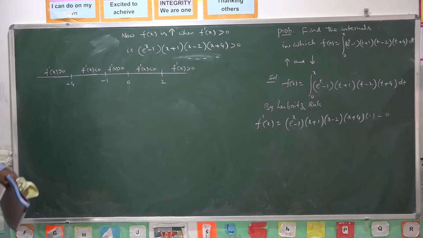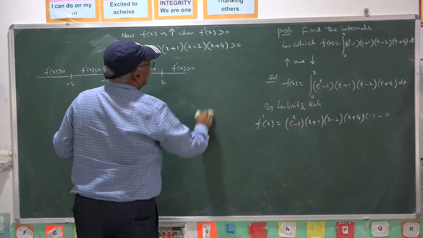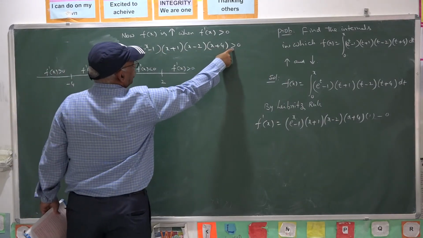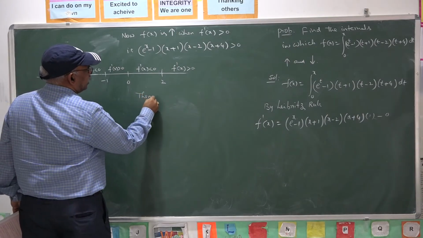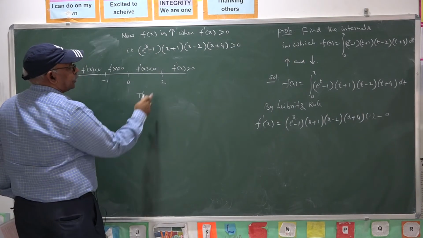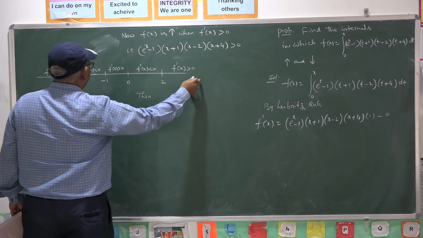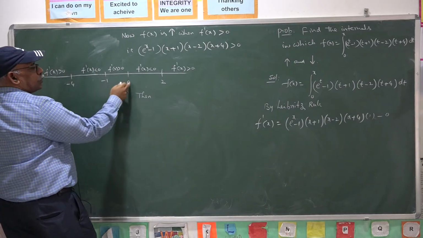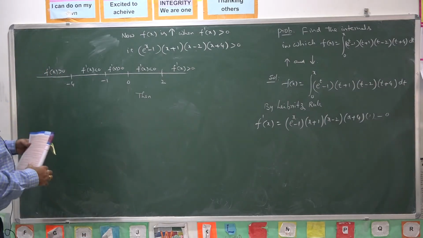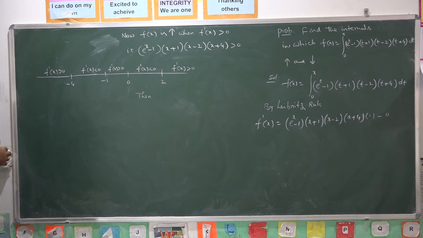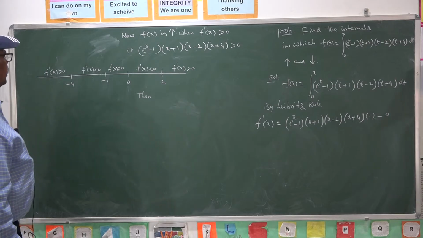So in such case, f dash x is positive in the intervals 2 to infinity, and again -1 to 0, and again -infinity to -4. X lies between -1 and 0 also, that is greater than 0, and x less than -4 also, it is positive.